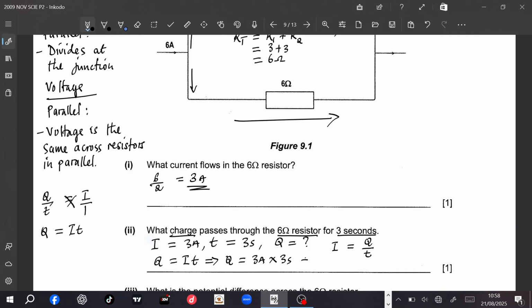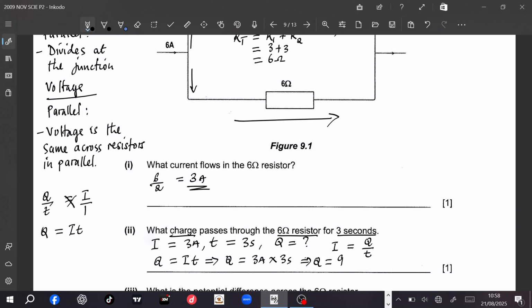What do you get? Charge is equal to 3 times 3, 9. So you get 9. Then you need to add the units. Units in science are very important because they tell the type of the quantity you are dealing with.